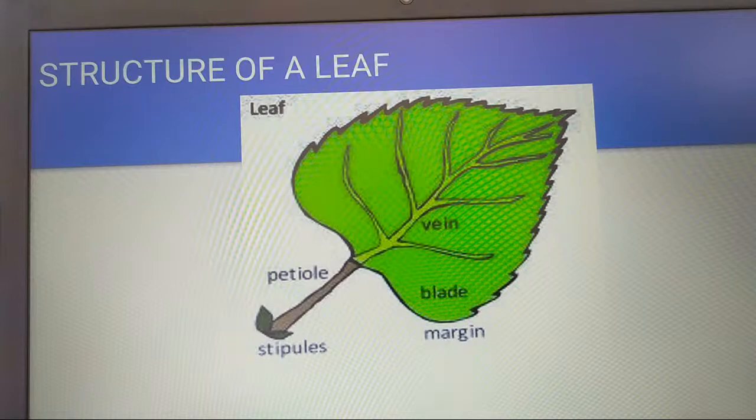Then a leaf has several pores in them called stomata. And the last part of a leaf is the leaf base. Let us learn about each one of them one by one.